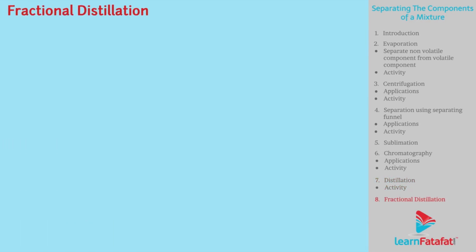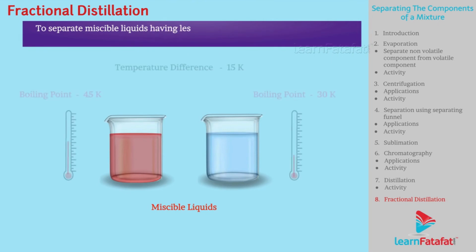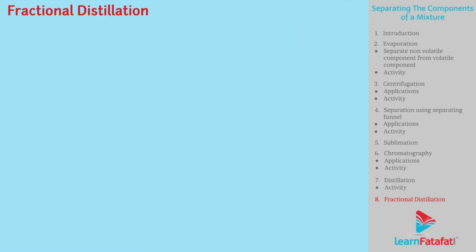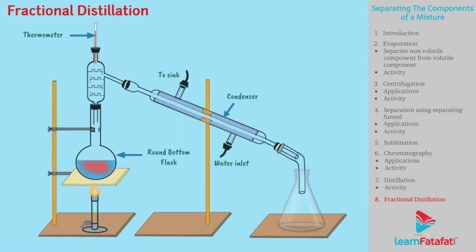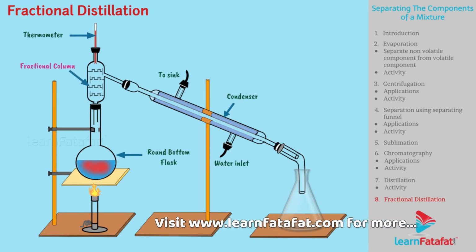Fractional distillation. This method is used to separate miscible liquids having less than 25 Kelvin temperature difference in their boiling points. The apparatus is similar to simple distillation. Only a fractional column is added in between the distillation flask and the condenser.